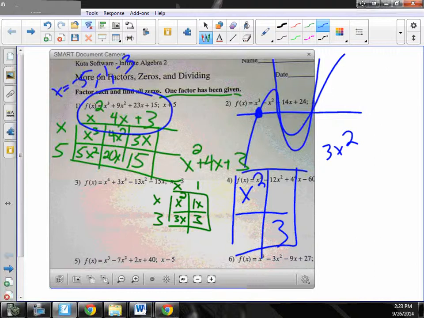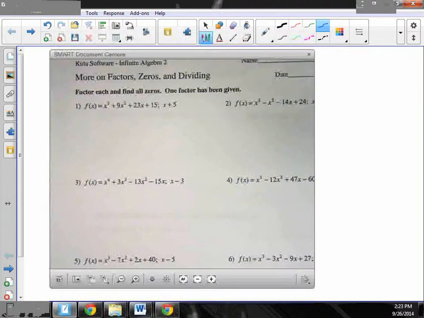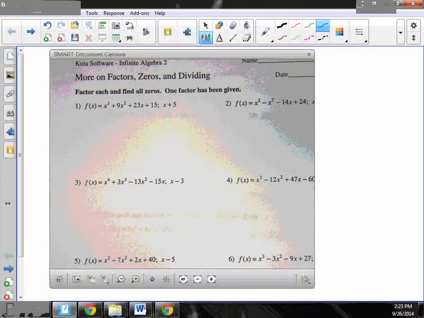Well, there's 3 on this one because it's an x to the third. Okay, how many is number 3 going to have? So, Colette, look at number 4. Or number 3, sorry. Shh. Everybody look at number 3. How many roots are there? 4.